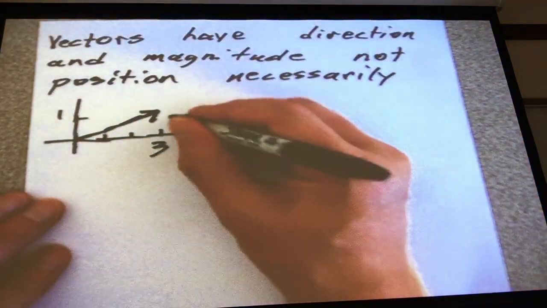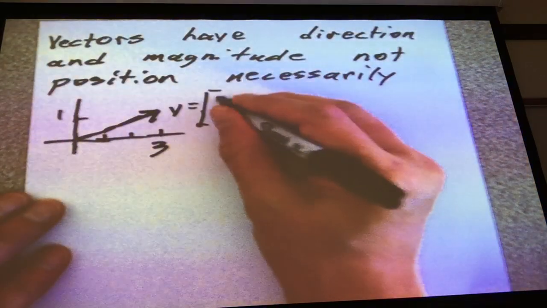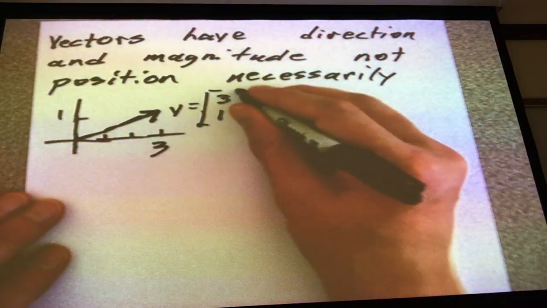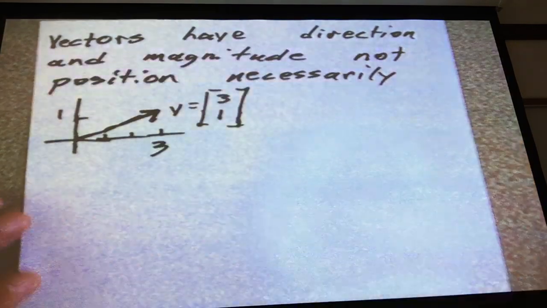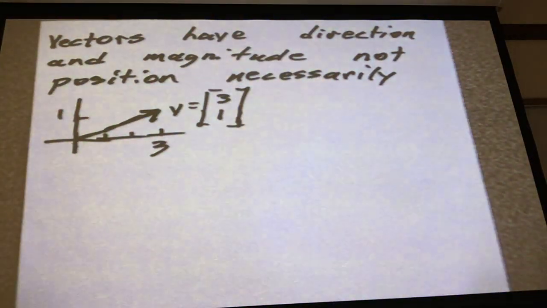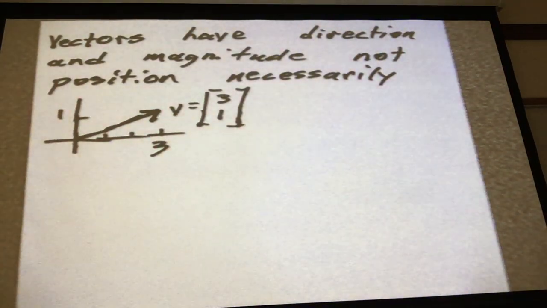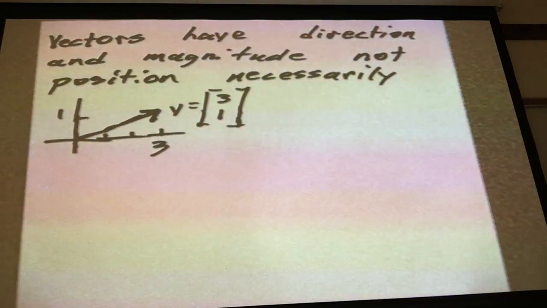Okay, so this B right here would equal (3, 1). Oh, it's a little crooked, but I guess y'all get the idea. Okay, so this is a vector that's stuck on the origin.